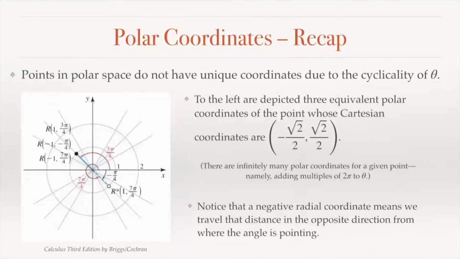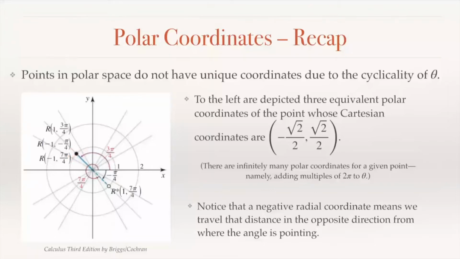Unlike Cartesian coordinates, points in polar coordinates do not have unique coordinates due to the cyclicity of theta. Namely, if you go around 2 pi, you're back to where you started. So every point has infinitely many polar coordinates. For example, this is the point negative root 2 over 2 comma root 2 over 2 in Cartesian coordinates.